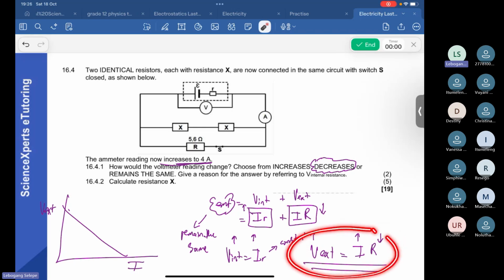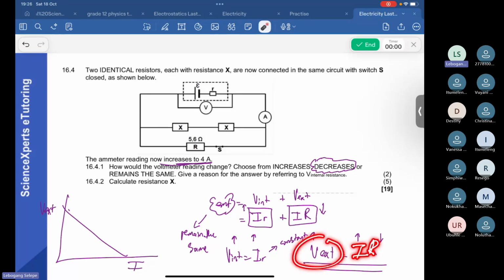Because from this formula, there's no controlled variable. R is not constant, guys. Like I told you, if you want to tamper with the total current, you need to tamper with the external resistance first. So I changed this, and this changed, then it affected this. So I can't come up with a relationship and say that because V external increased, I also increased, or because I increased, V external also increased. I can't use this formula to explain.